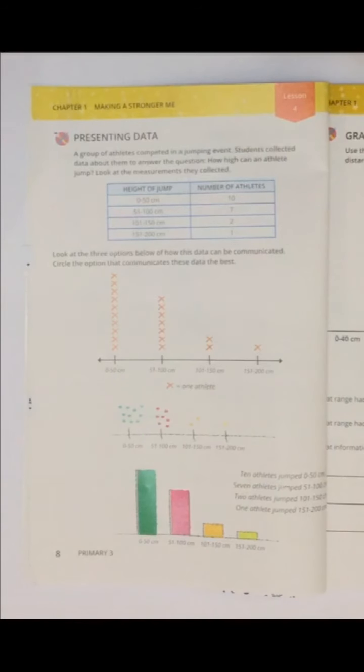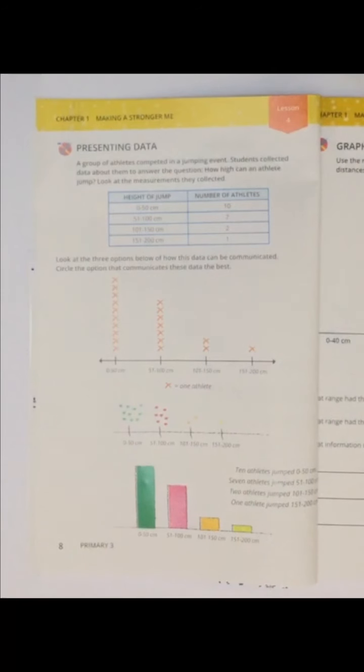So as we see, the range from 0 to 50 centimeters, we have 10 dark green bars, and the range 51 to 100, we have 7 red bars. The range 101 to 150, we have 2 orange bars. And the last one, we have 1 light green bar. Circle the option that communicates these data the best.